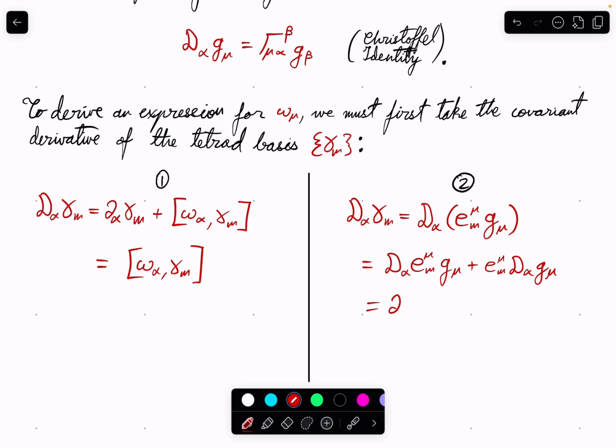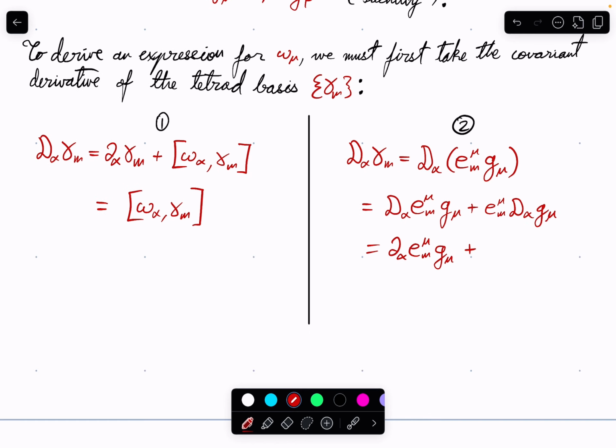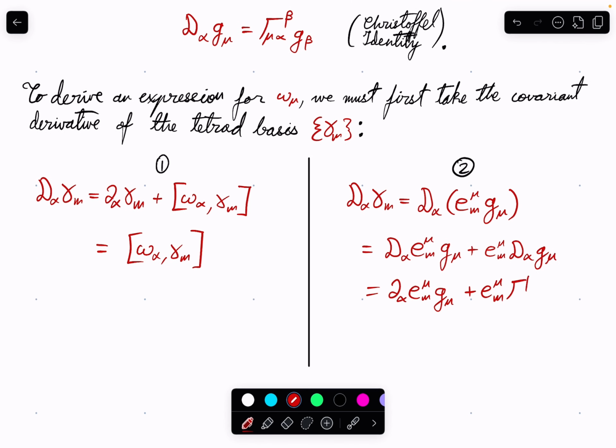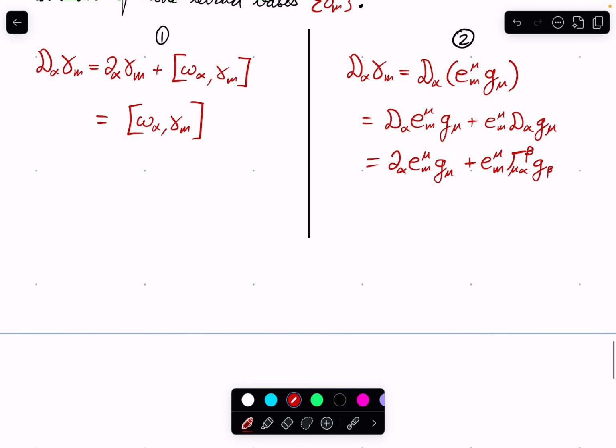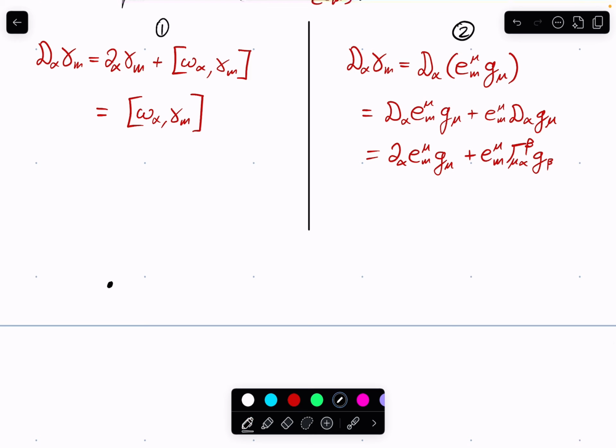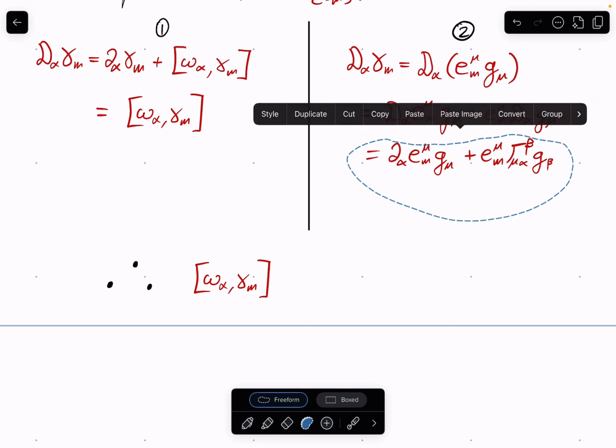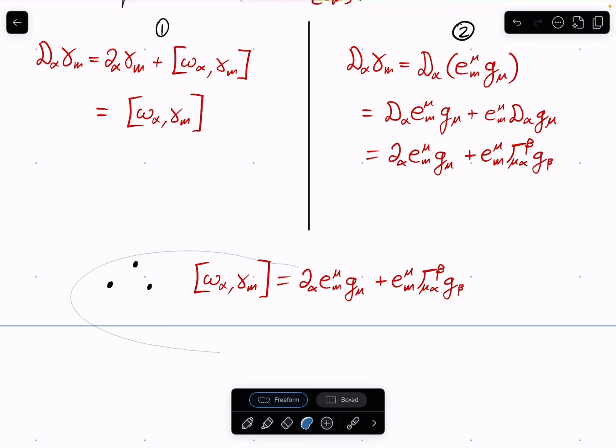So we end up with partial alpha e mu m g mu plus e mu m, and then the Christoffel symbol mu alpha g beta. And so we have that these two quantities are equal. So therefore, this quantity is equal to this quantity.